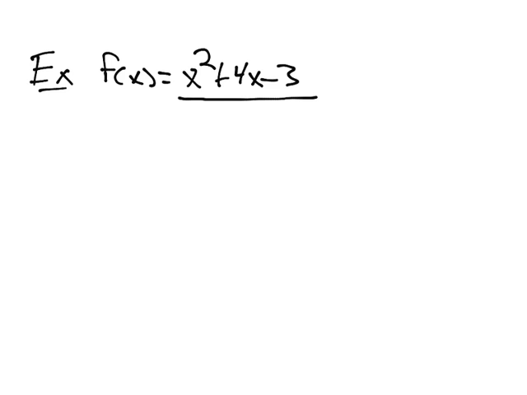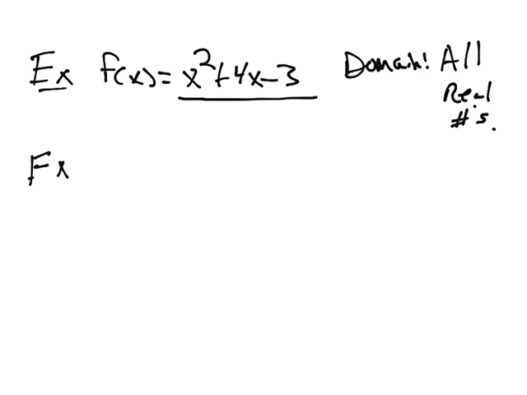There's no division by the variable, there's no square root of the variable. So the domain of this function is all real numbers. Any real number on the planet, you can plug it into x squared plus 4x minus 3, and you'll get a real number back.